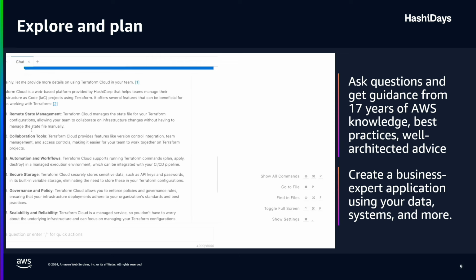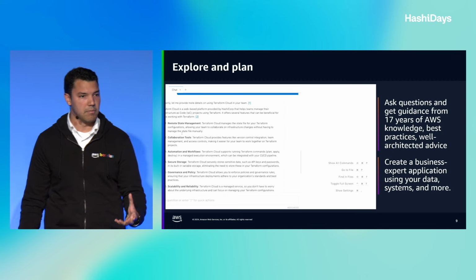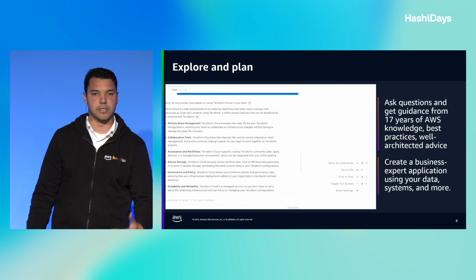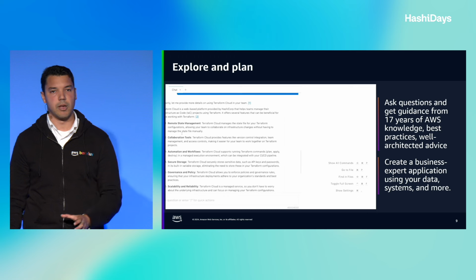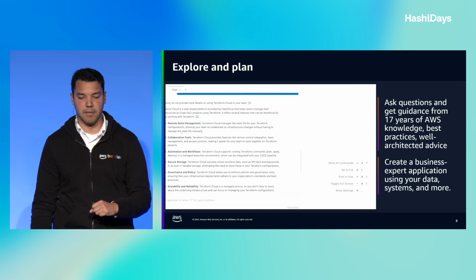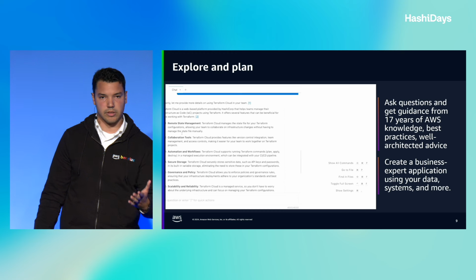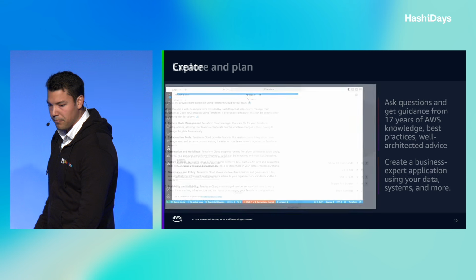I want to know more about details of Terraform. I learned from my stakeholders, my platform team, that we use Terraform Cloud, and I want to learn more about this. So this is the exploration and planning phase. So at this point in time, Bob is ready to start writing the code that Bob is going to use to deploy the infrastructure in the AWS environment.